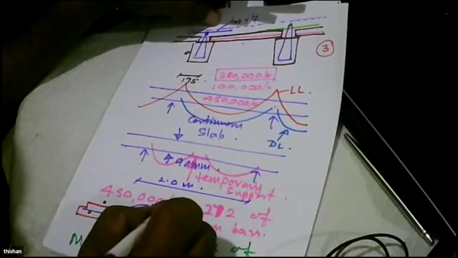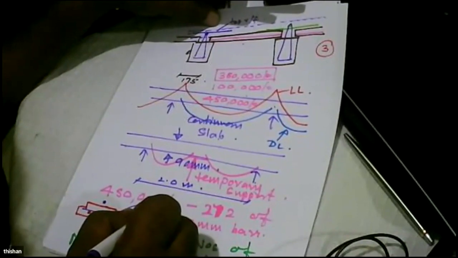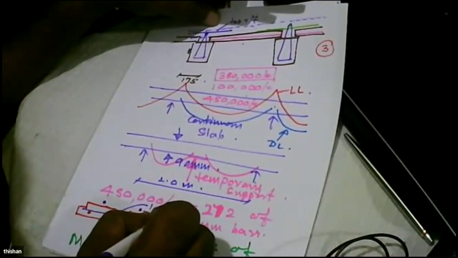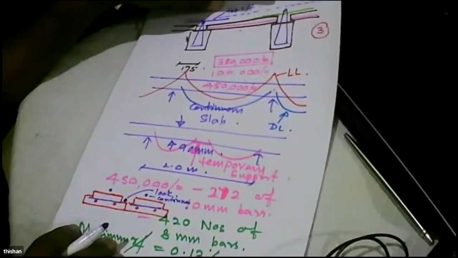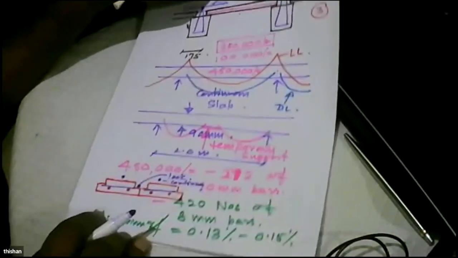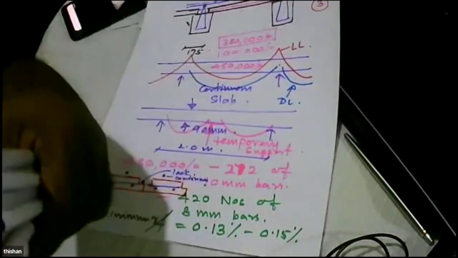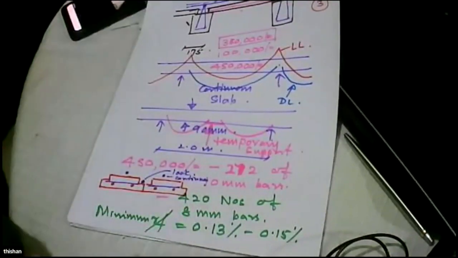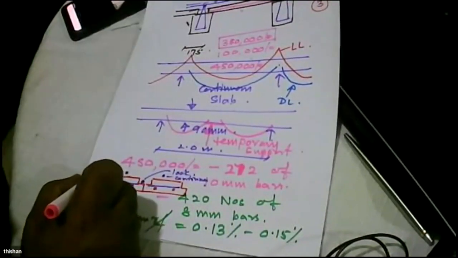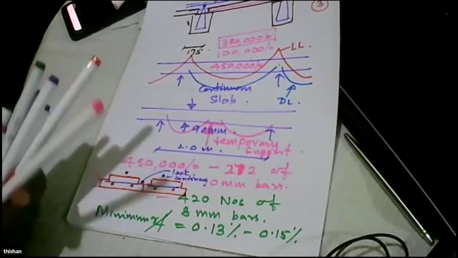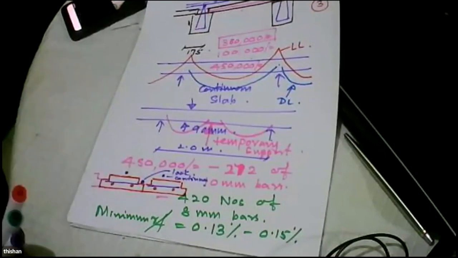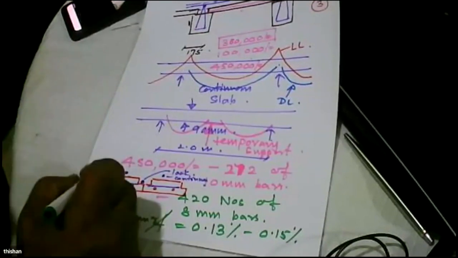This will make it continuous. And then when you are concreting, here you get another one. When you are concreting, what happens? The concrete will fill up all this area.